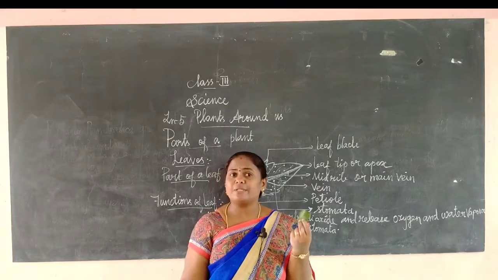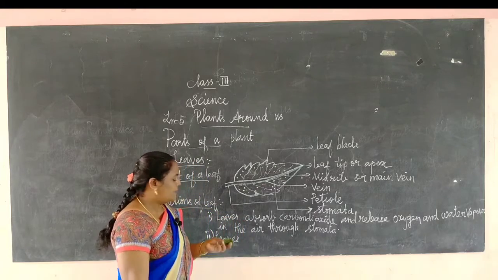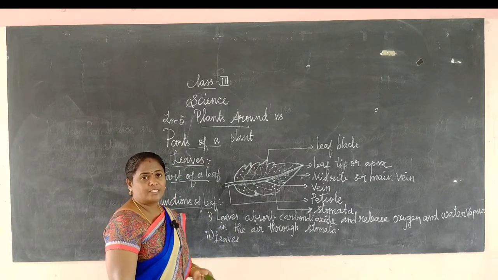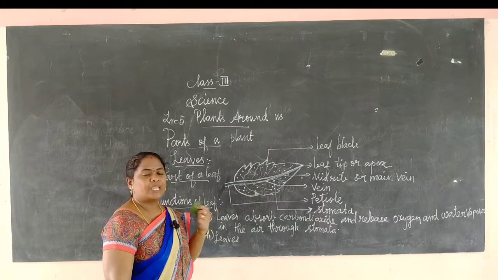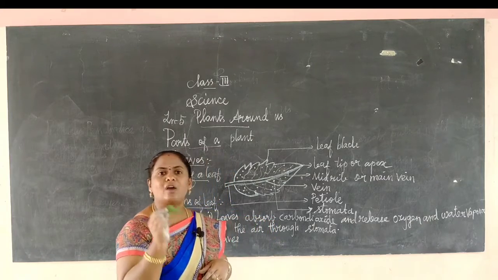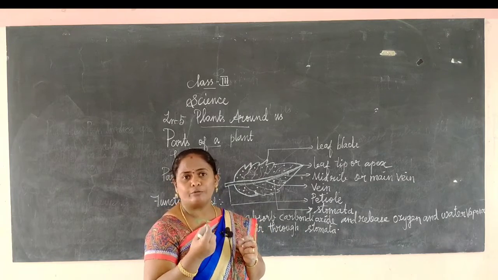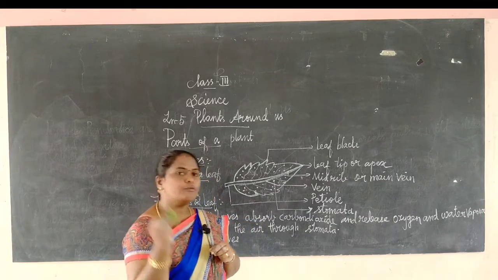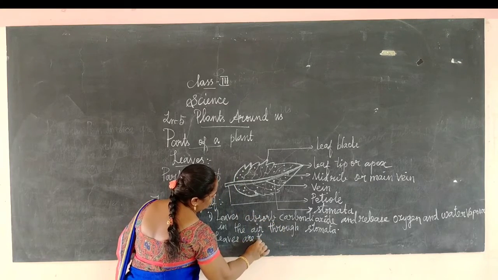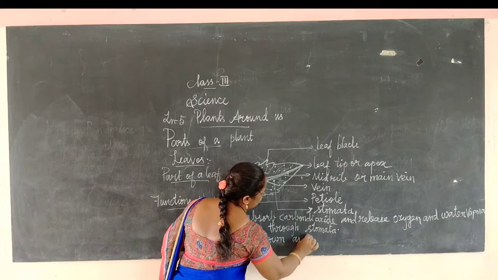Leaves are the kitchen of the plant because the leaves prepare the food, using sunlight, water, and carbon dioxide, and the green color pigment is called chlorophyll. The leaves are green in color because they contain one pigment called chlorophyll. The chlorophyll, the green pigment, helps the leaves prepare food. So leaves are known as the kitchen of the plant.